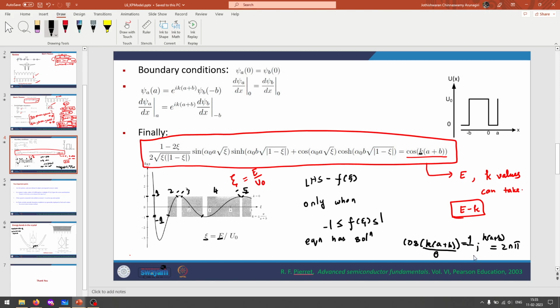Similarly, when I say cos of k a plus b, when I call this angle theta, is equal to -1, then it is (2n plus 1) times pi.